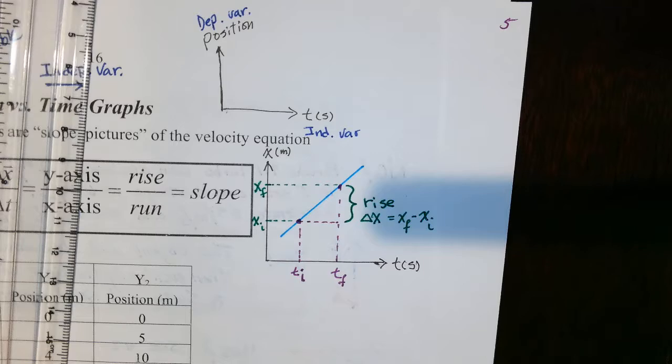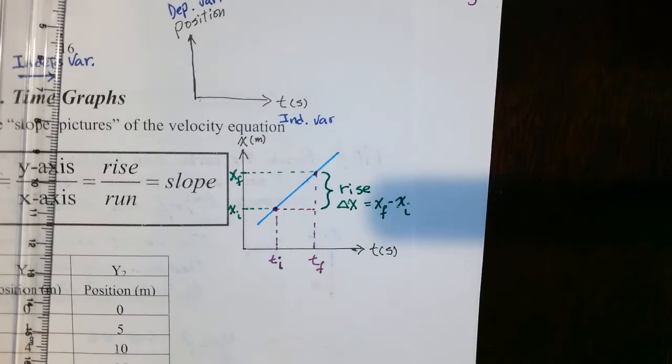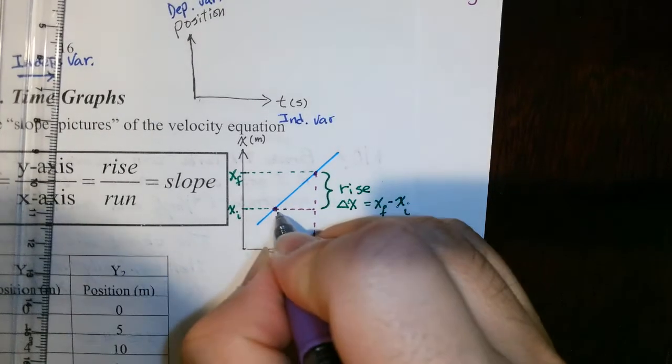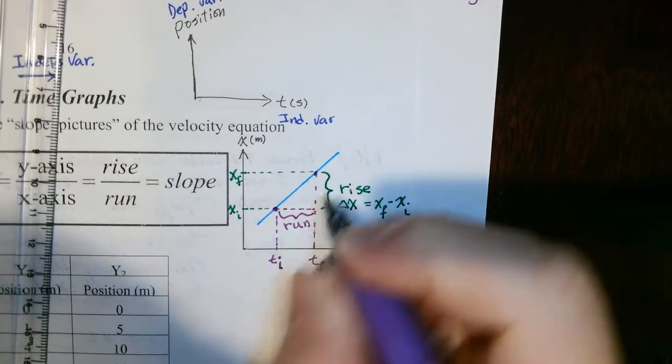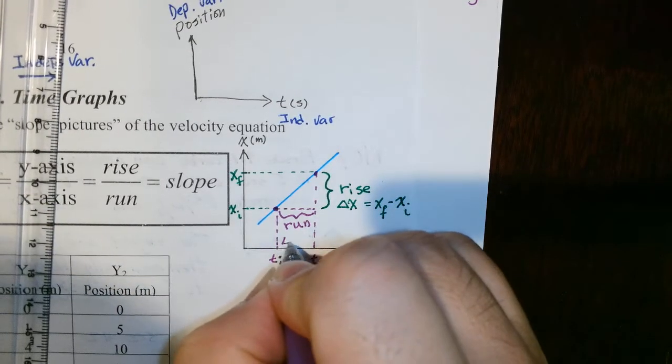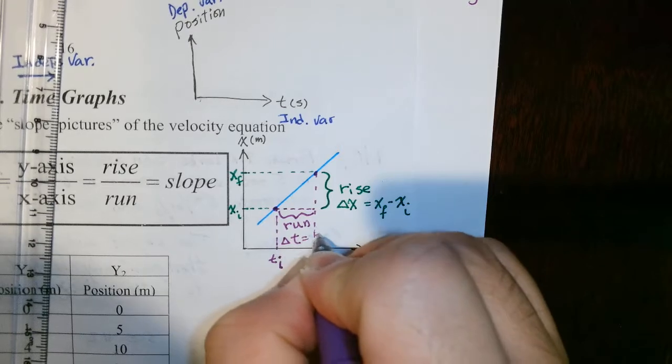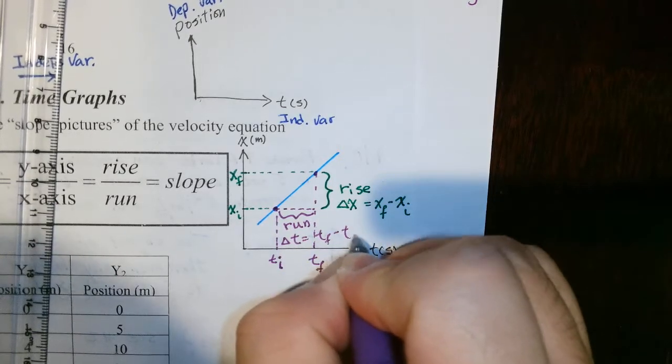And this here is the run, which is delta t, and that is the t final minus the t initial.